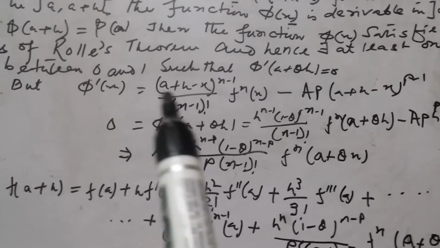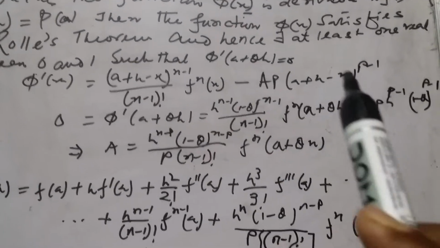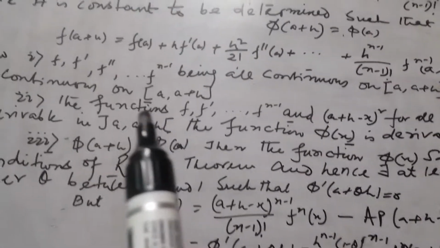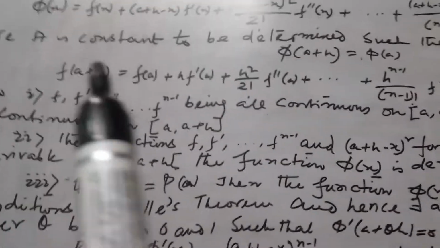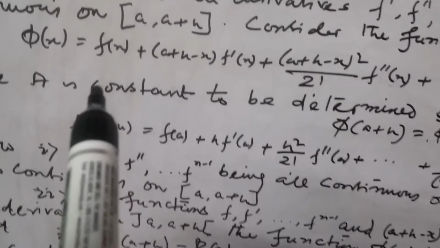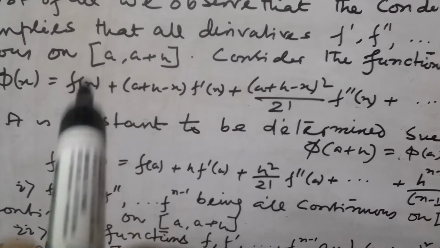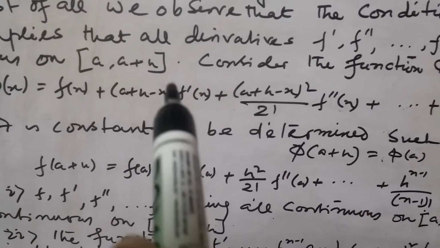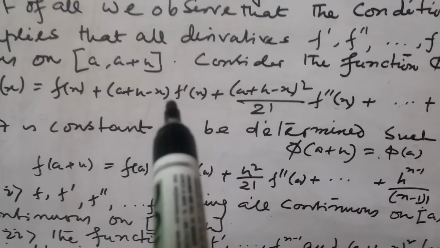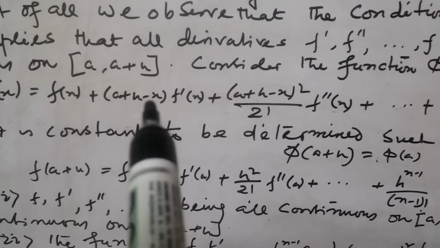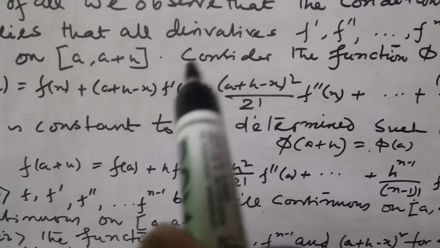Hence, taking the derivative of phi(x) we get f'(x) minus f'(x) plus (a+h-x) f''(x), and so on.